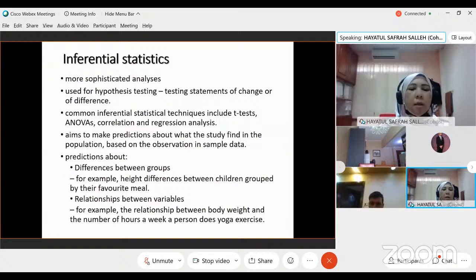Then you can also predict the relationship between variables from your findings. For example, the relationship between body weight and the number of hours a week a person does yoga exercise.